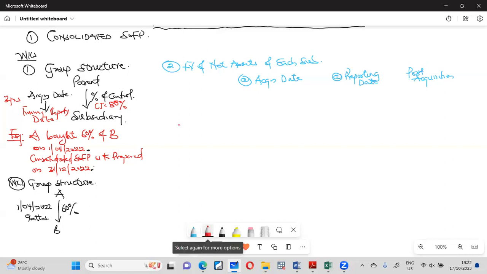What goes in here as your key one is your share capital. So you start with your equity or share or what we call stated capital.